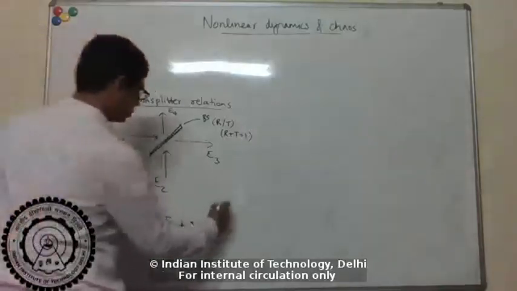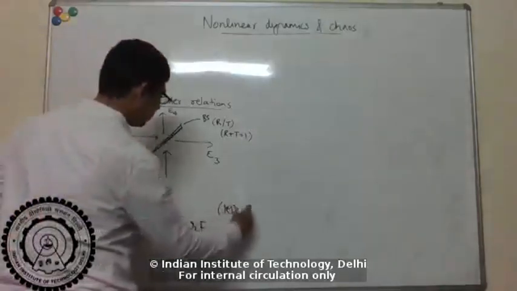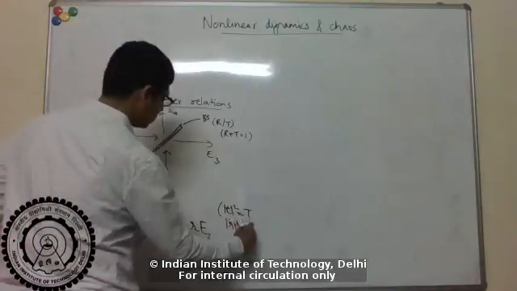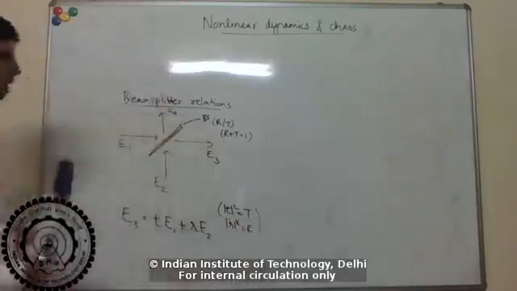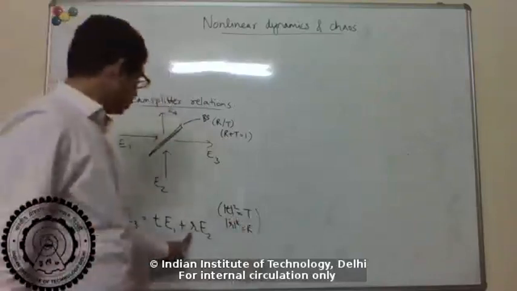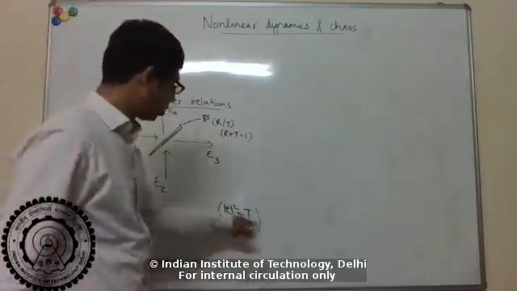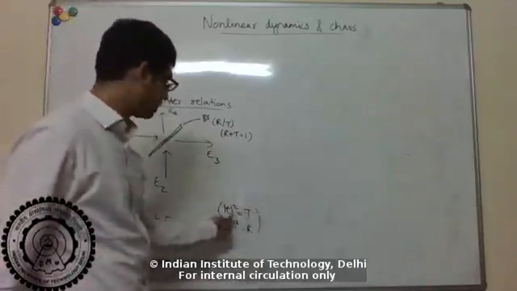And of course, mod of t square will be T, and mod of r square will be R, right? But what we'll end up seeing is that you can't just take r as the square root of R or t as the square root of T. There'll be a phase involved.